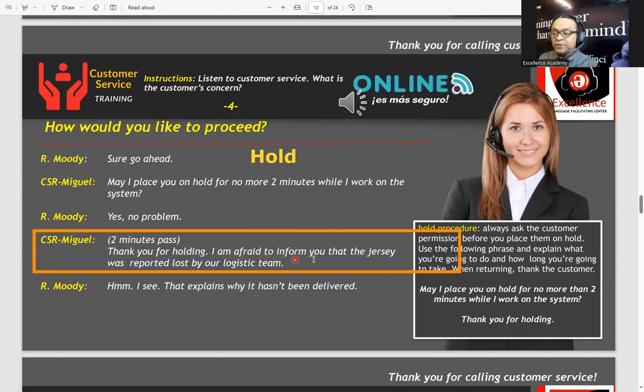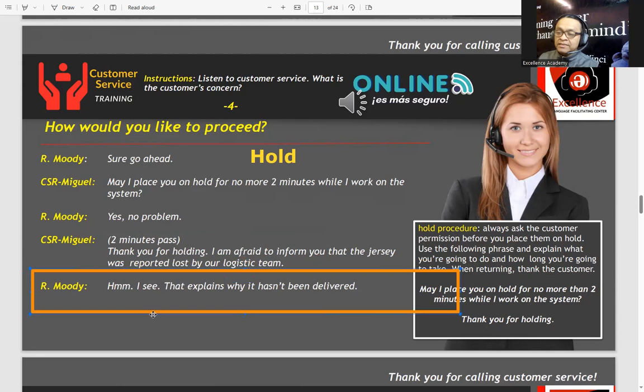I'm afraid to inform you that the jersey was reported lost. So it's lost. It's not found by our logistics team. So the logistics confirmed what the customer was saying. The customer says, I see. That explains why I haven't received it. So now the customer understands.